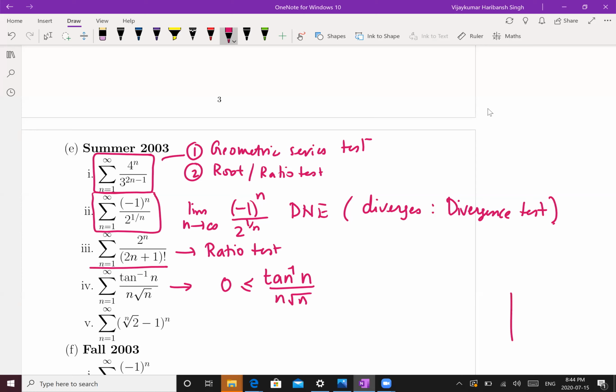The tan inverse graph is like that. This is an asymptote. One asymptote is pi by 2, the other one is minus pi by 2. So this is going to be less than or equal to pi by 2 for sure, times 1 by n to the power 3 by 2.